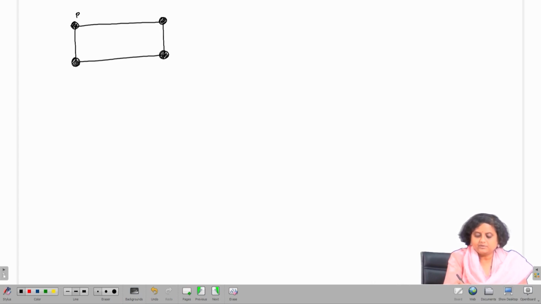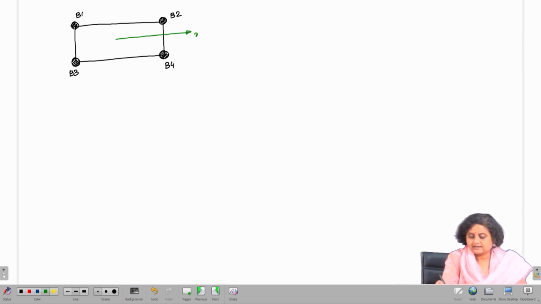So, this is B1, this is B2, this is B3 and this is B4. This is my x axis, this is y axis, this is the centroid, and this is YC.